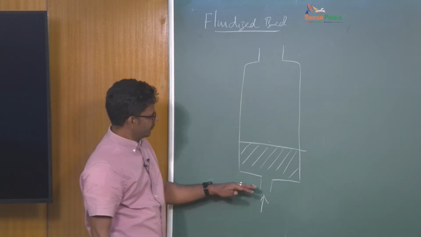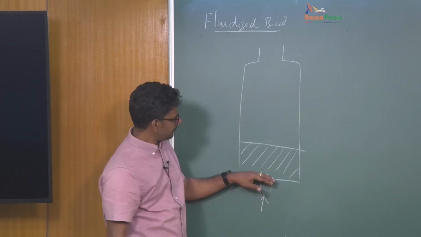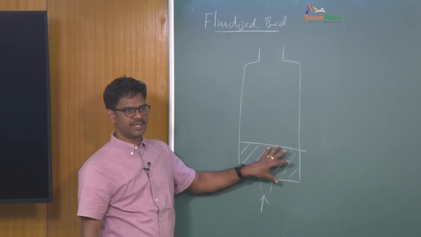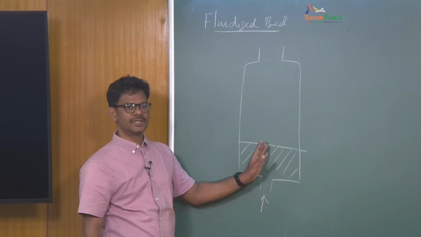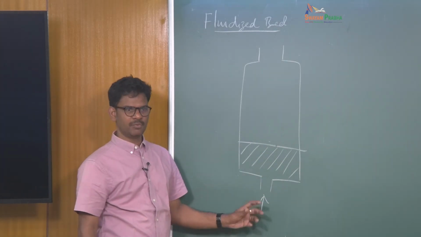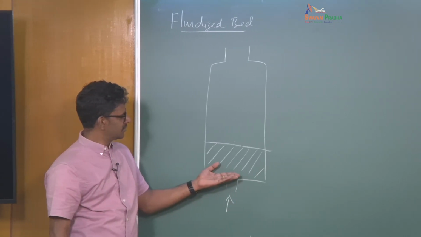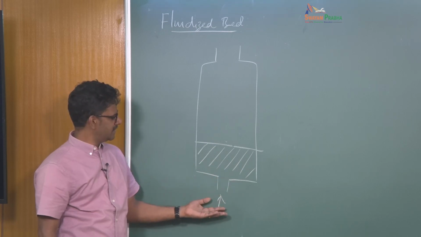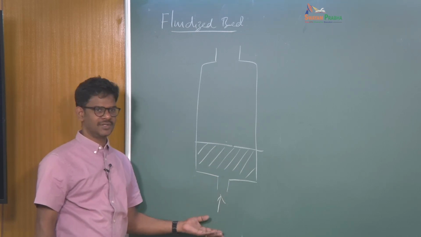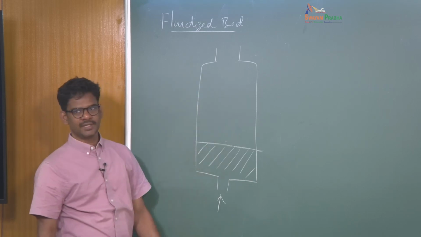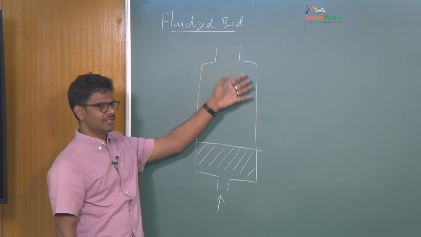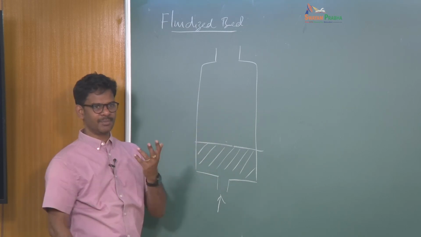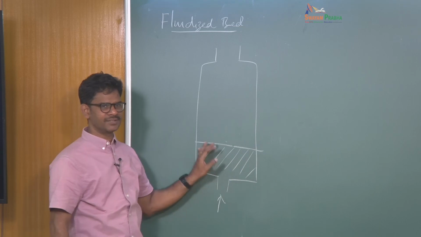When you apply gas, the weight, the mass, the inertia of these particles will resist the flow of the gas. But if you keep increasing the flow rate, then this bed will actually expand because the particles get suspended. When you apply enough superficial velocity or flow rate, then this entire bed of solids will become fluidized. You get more liquid-like behavior, all the particles colliding with each other, going up and down. You get very chaotic fluid mechanics going on here.